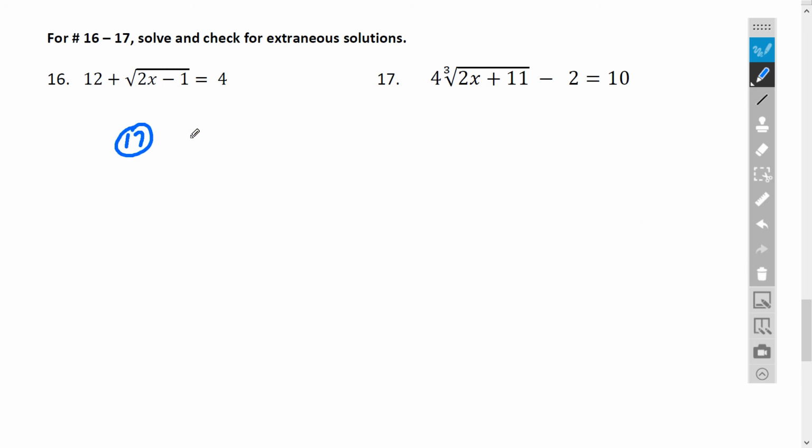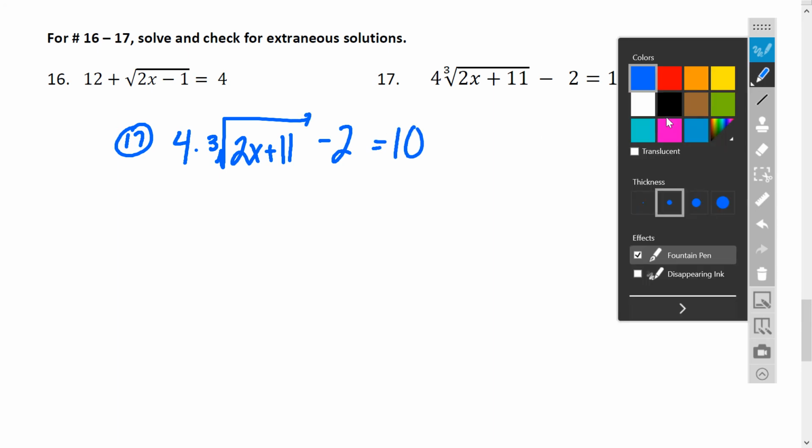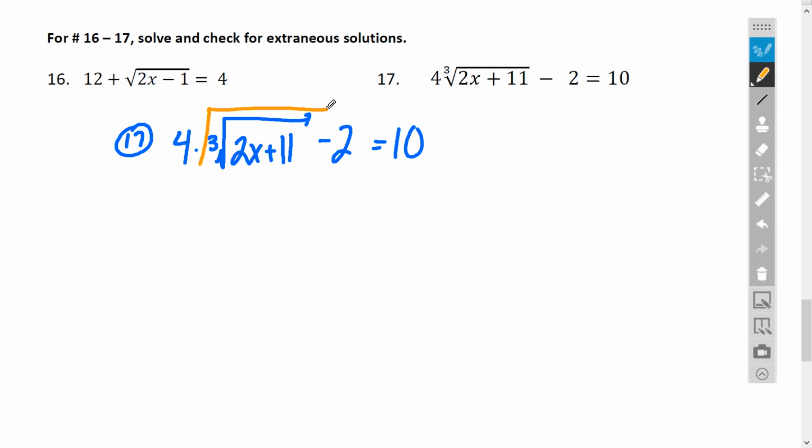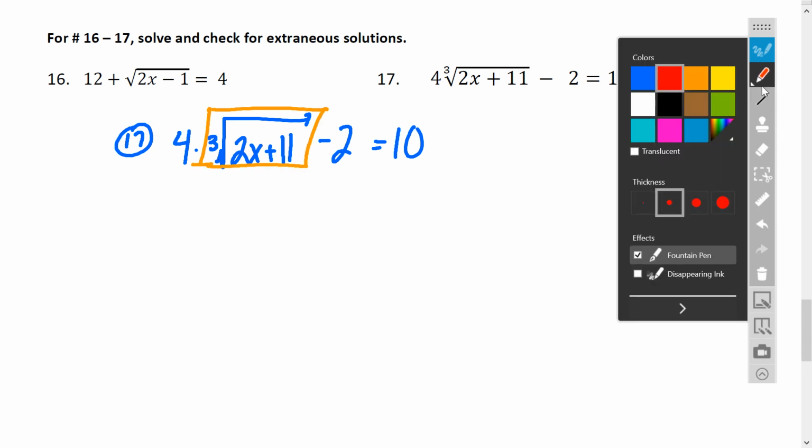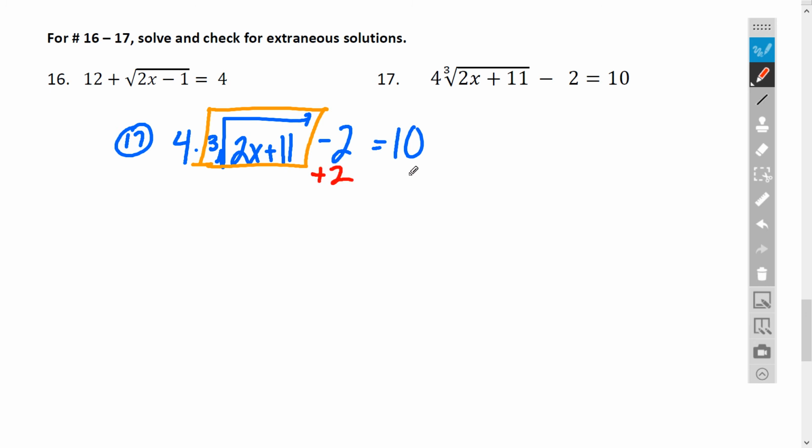Number 17, 4 times the cubed root of 2x plus 11, minus 2 equals 10. Okay, the first thing, get this by itself. So there's 2 things over there that need to go away. We need to get rid of the 2.